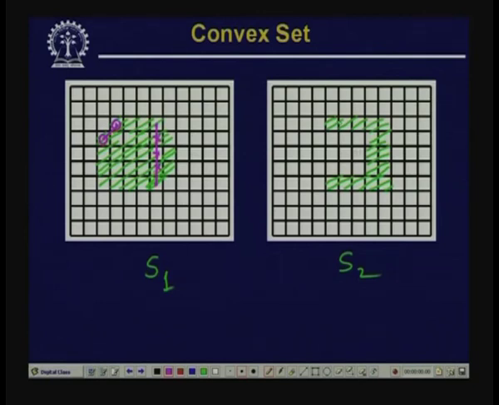But in this particular case, if I take say these 2 points and join a straight line, then I have a point on this straight line which does not belong to set S 2. So, in this case, this set S 1 is a convex set. We say that set S 1 is convex, whereas this set S 2 is not convex.